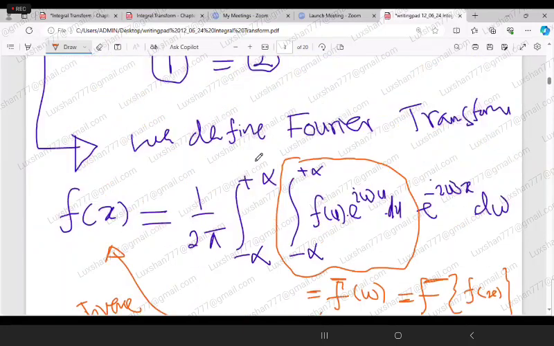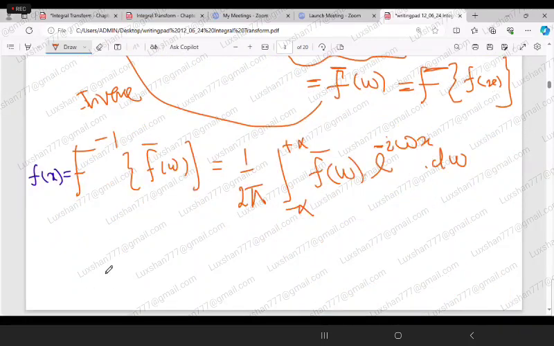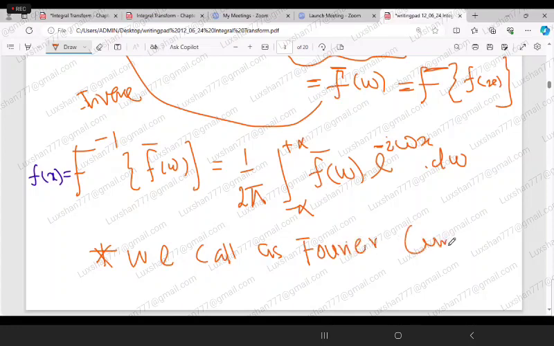This is called the Fourier transform, or we call it the Fourier complex transform.